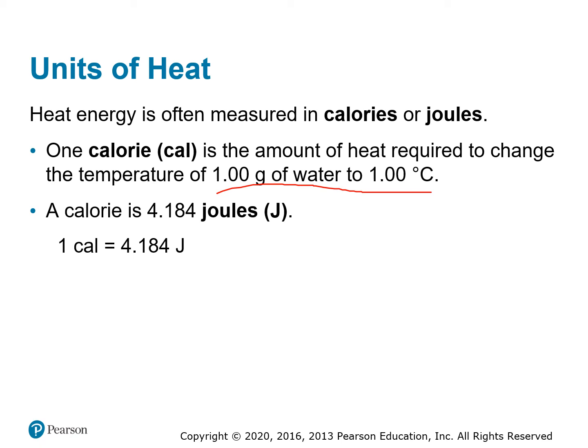So that is what 1 calorie is defined as, and 1 calorie with the small c is equal to 4.184 joules. So this is one unit conversion that can be used.